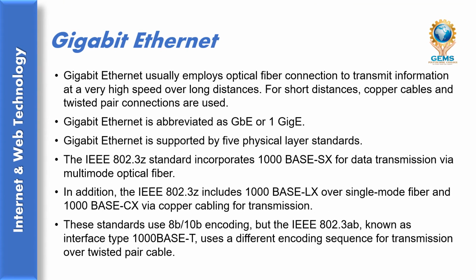Gigabit Ethernet usually employs optical fiber connection to transmit information at very high speed over long distances. For shorter distances, copper cables and twisted pair connections are used. But optical fiber connection can be used for long distance with very high speed data transmission.